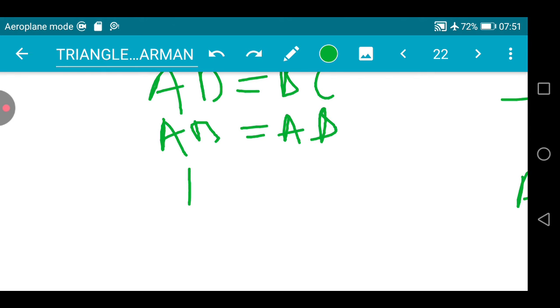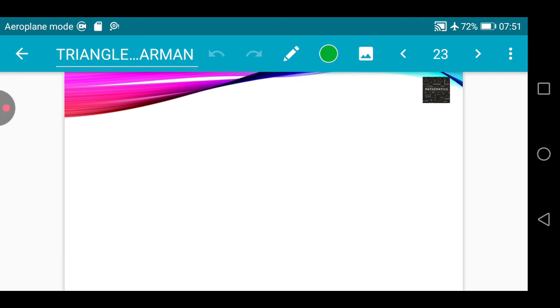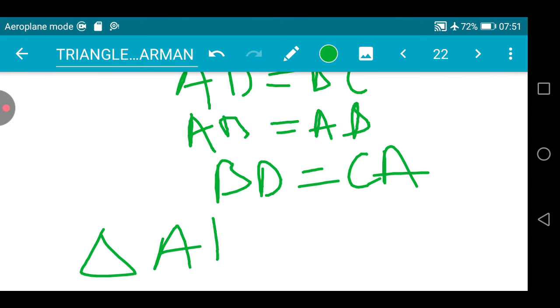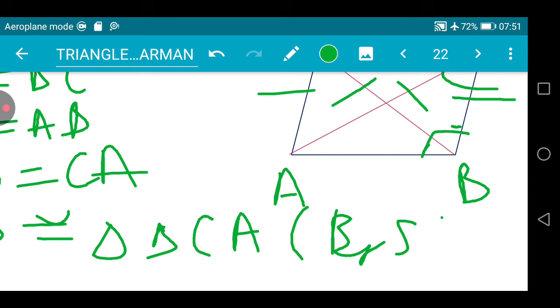BD equal to CA, it is given. So, one more side I have. Triangle ADB is congruent to triangle BCA by side.